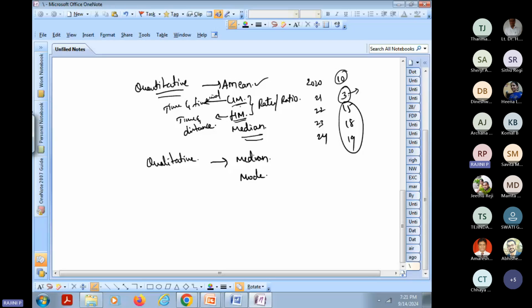Remember that. That means if there is a multiplicative change in the values, we apply this geometric mean. Clear? So remember, if the data is related to time, then we can apply either the geometric mean or harmonic mean, which gives a more perfect answer than the arithmetic mean and the median. Okay, so I hope it is clear. Any doubt in the quantitative data measures?